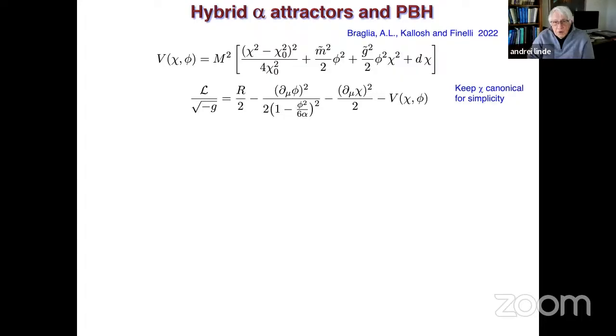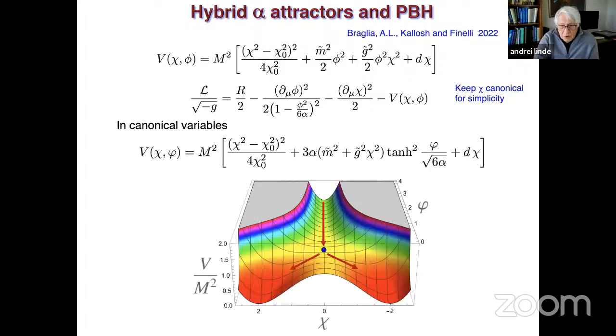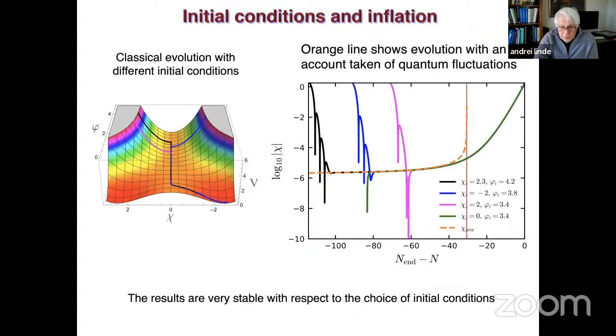Instead of that, we concentrate on a slightly simplified version of this model with just one of the fields, field phi, the inflaton field, being an attractor, and chi we will keep for simplicity a normal canonical field. It is already sufficient to get what we want. And the potential looks the way we wanted it to look, so it is standard hybrid inflation, almost standard hybrid inflation intuition, except that at very large values of the field phi, the potential becomes flat because it is tangent instead of phi squared.